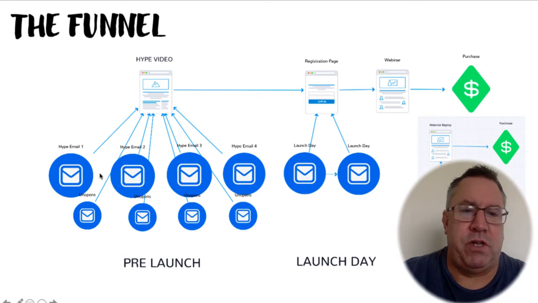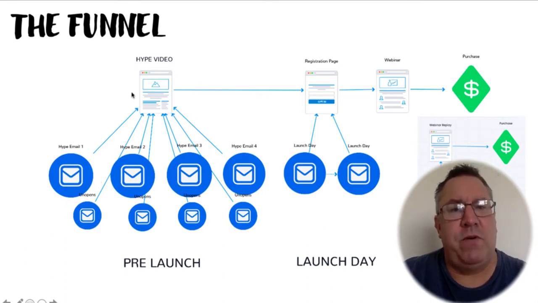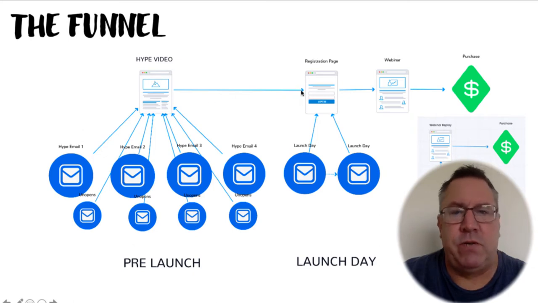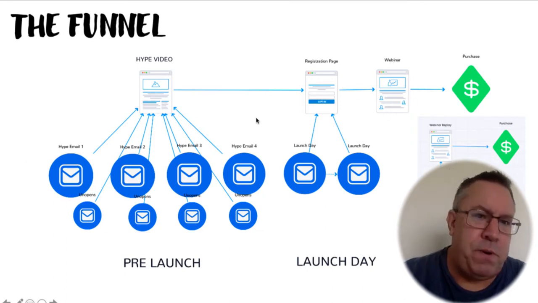Now this is the automation I showed you, and today I want to show you the hype video. The aim of the hype video is that it links to a registration page, and once they go to the registration page they'll go over to the webinar once it starts. So it's pretty simple, but it's very, very effective.